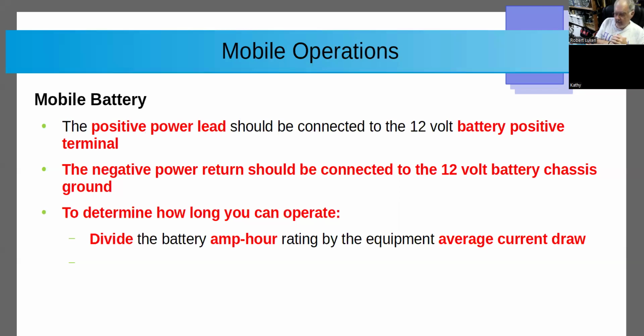So you're going to have a small amount, maybe an amp or less when you're in receive mode, and quite a few amps when you're transmitting, but you only transmit for a short period of time, duty cycle wise. So you have to figure out what that average is, and then you divide that into the amp hour rating, and it says I can operate for 12 hours, let's say, if I had an average of 1 amp.